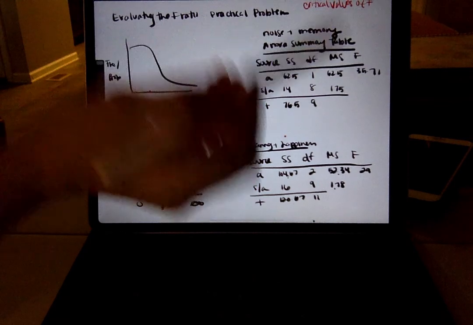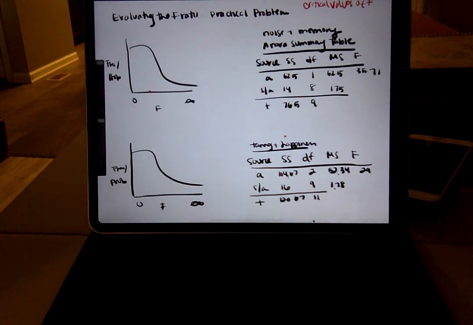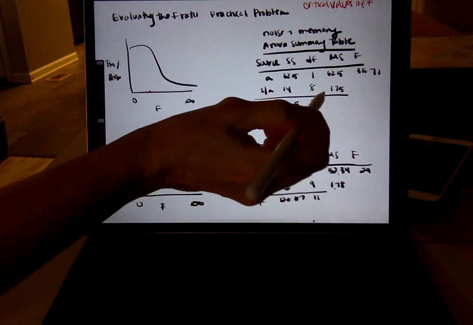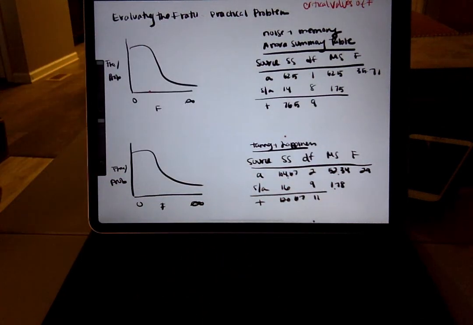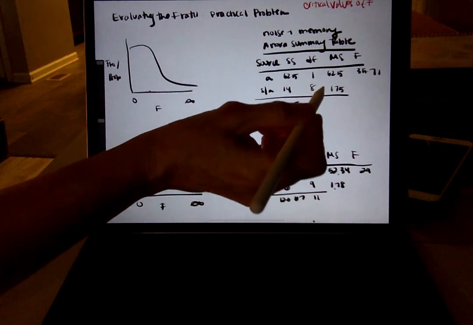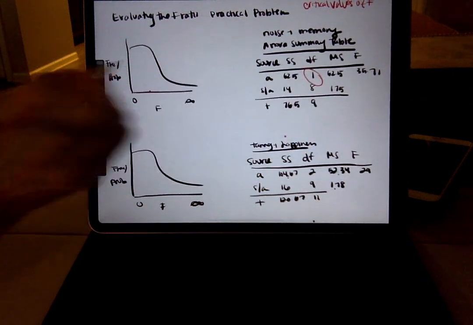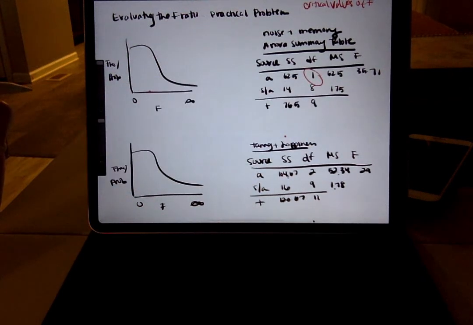So let's start over here with our noise and memory example. We're going to our degrees of freedom. Remember, the F ratio is the mean square A divided by the mean square S over A. So the numerator of the F ratio is A, and the degrees of freedom are 1.